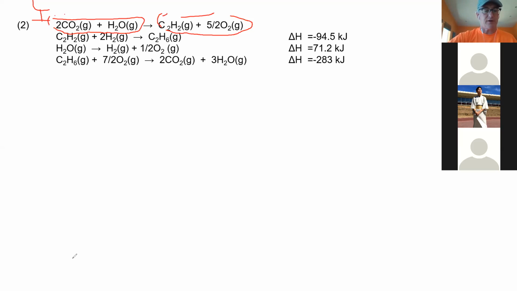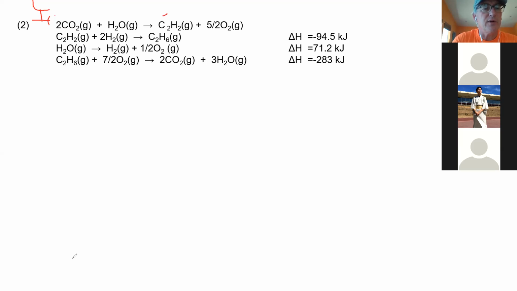All right. So let's look for our reactants and our products. So reaction number 2 gives us our acetylene, but it's a reactant rather than a product.